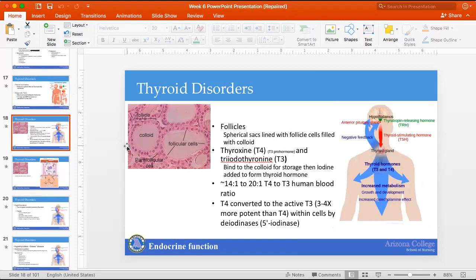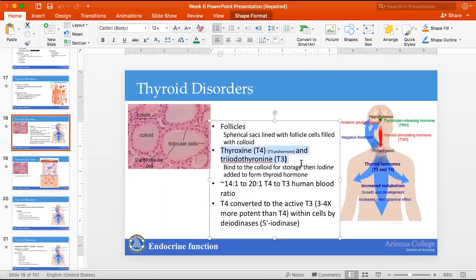So if we look at follicles, these follicles are portions within the thyroid itself, which are then going to create this hormone, these T4 and T3.